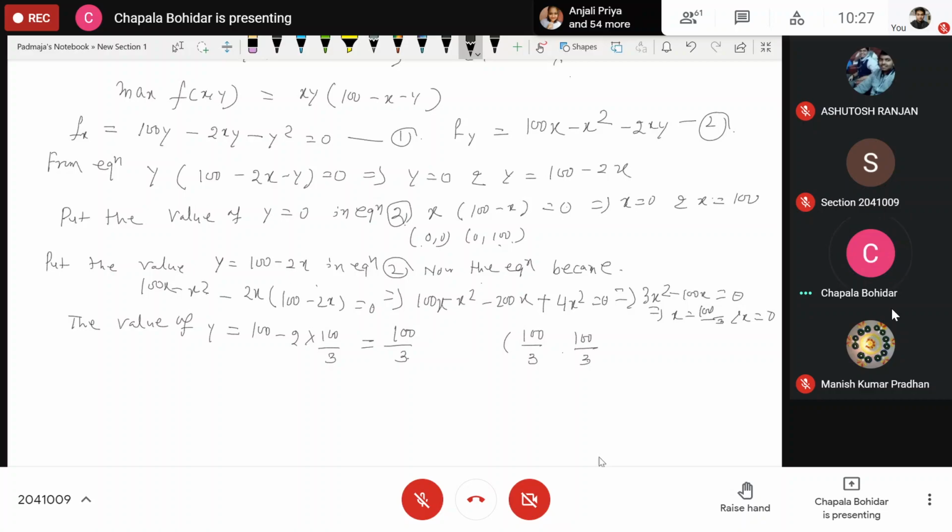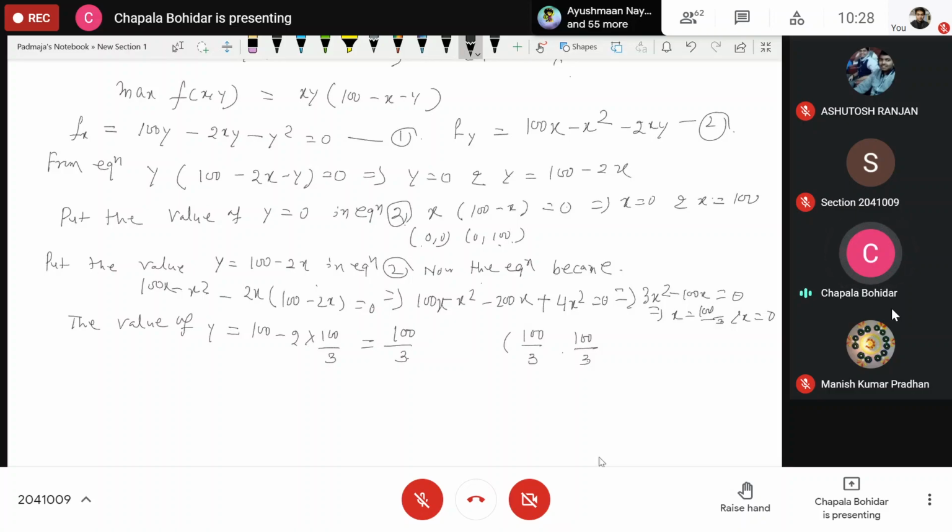Okay. And what you get here when x is equal to 0. So x is equal to 100. So I'm not done now. Okay, x is equal to 0 and x is equal to 100 also you have to find out.